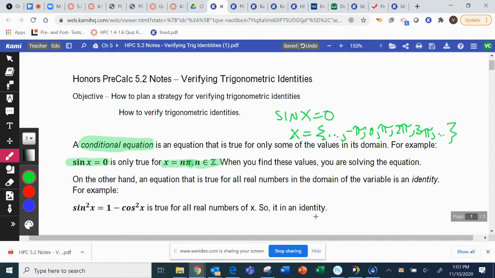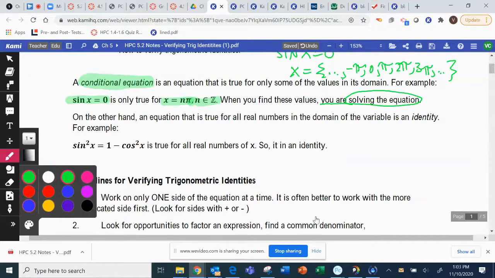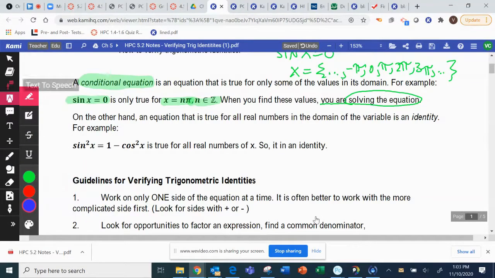When you find these values, you are solving the equation. We are not solving equations today. So what we are going to be dealing with is identities. An equation that is true for all real numbers in the domain of the variable is called an identity.